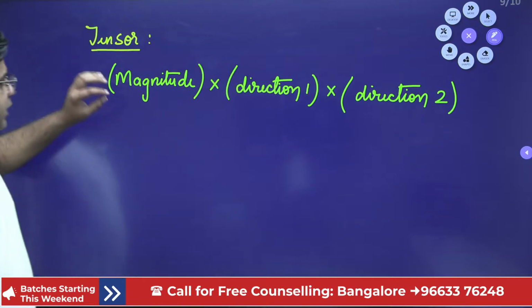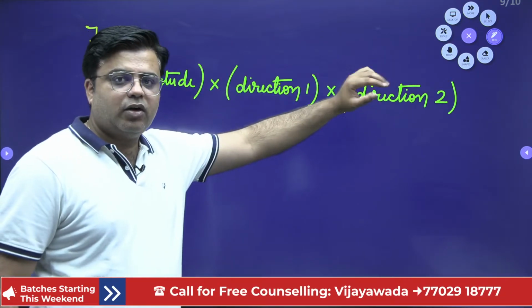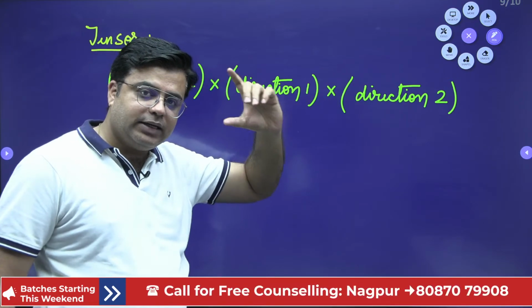So a tensor quantity is such quantity which has magnitude and two directions. Now understand how we imagine tensor.